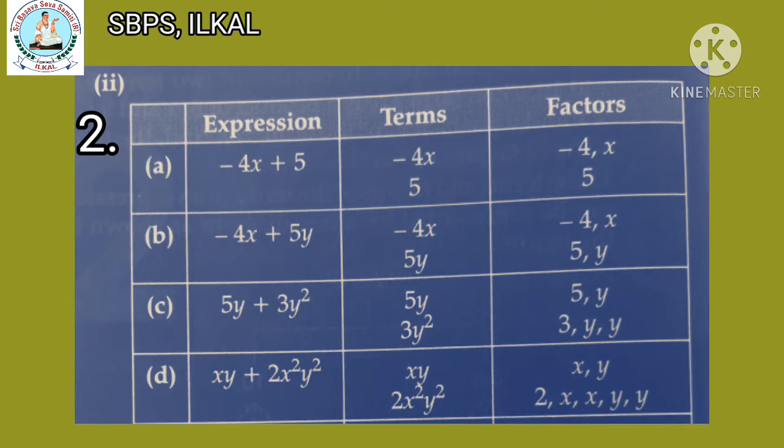Here there are two terms. Those are xy and 2x square y square. Factors for xy are x and y. But factors for 2x square y square are 2x, x, y and y. Because x square, it is a product of x into x, and y square, it is a product of y into y.